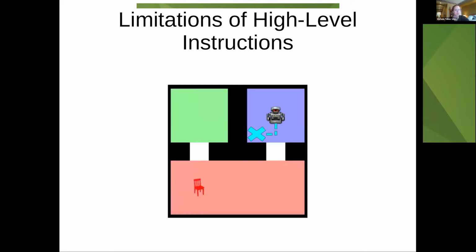But if you can only understand the high-level instructions, then you can't give the robot these fine-grained corrections. You can't say go down 1 and west 1 so that the robot's in the corner. You just don't have the granularity.